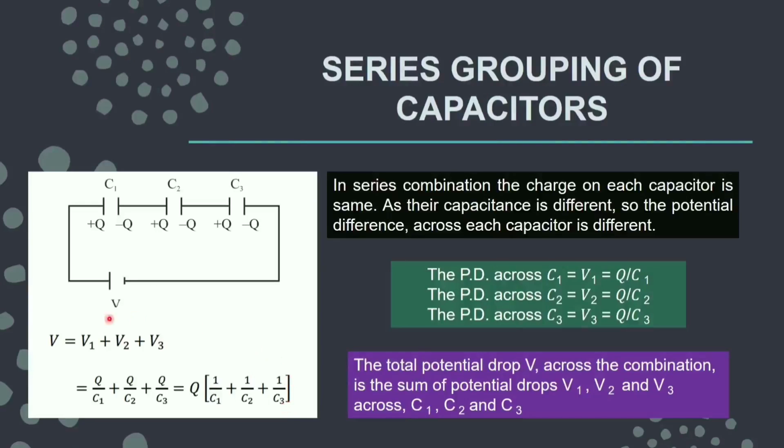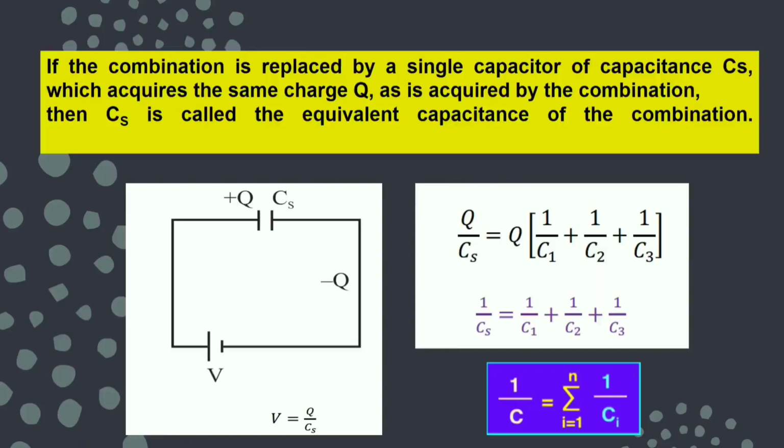This is the value of the total potential provided in the circuit, as shown to you. Now if I assume that this whole series combination is replaced by a single capacitor, the charge is of course plus Q and minus Q, and V is the same.